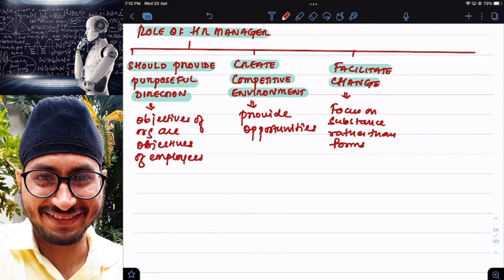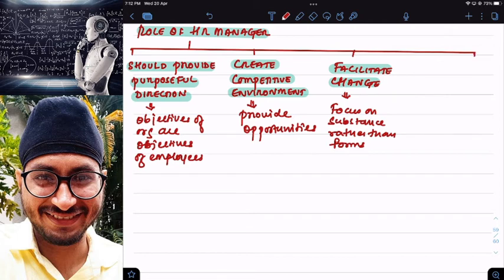We all want change, but we don't want to change. I repeat, we all want change, but we don't want to change. That is a big problem in every country. That is why whenever any change happens in the organization, it is the responsibility of an HR manager to ensure that people focus on substance, meaning the reason for change, rather than just ignoring the change. Embrace the change rather than directly ignore the change.